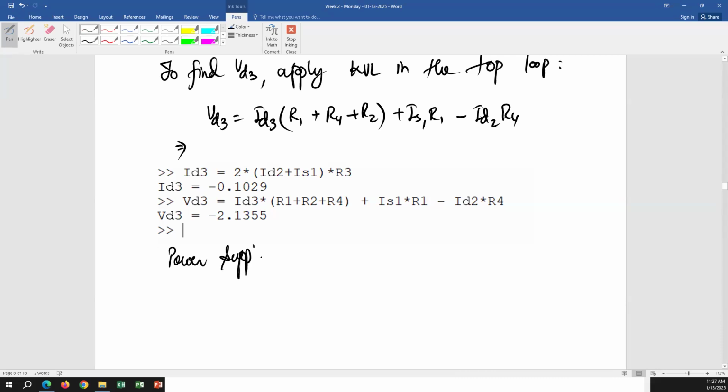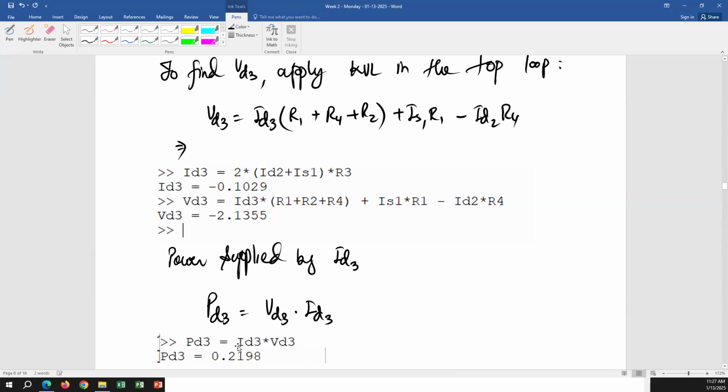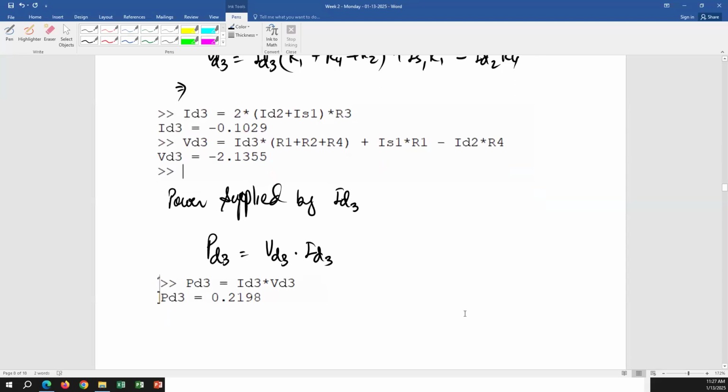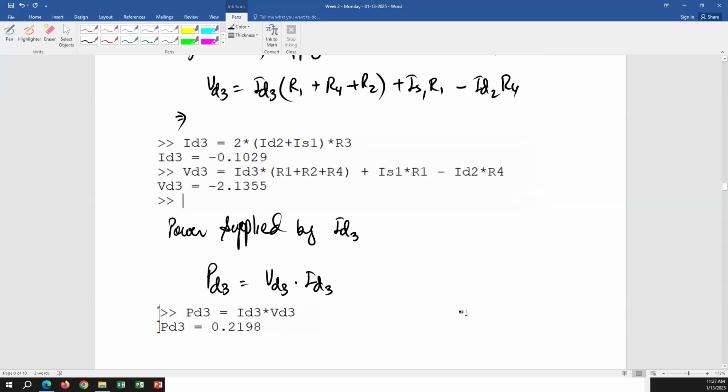Power supplied by D3 equals VD3 times ID3. So 0.22 watt power is supplied.